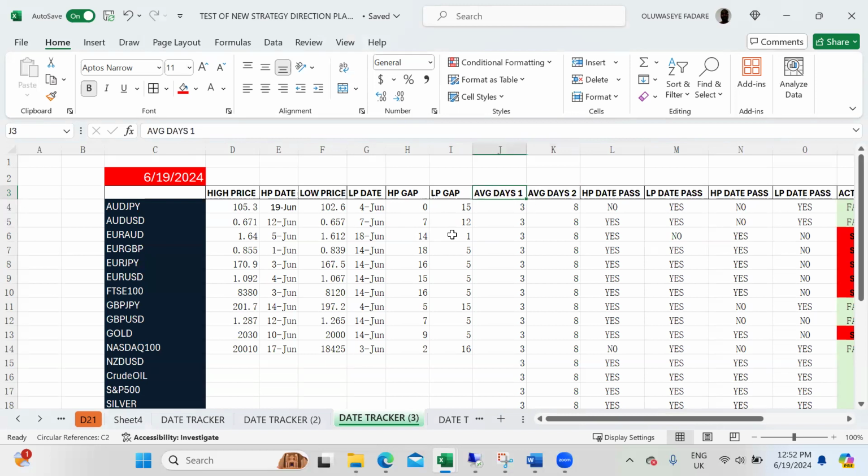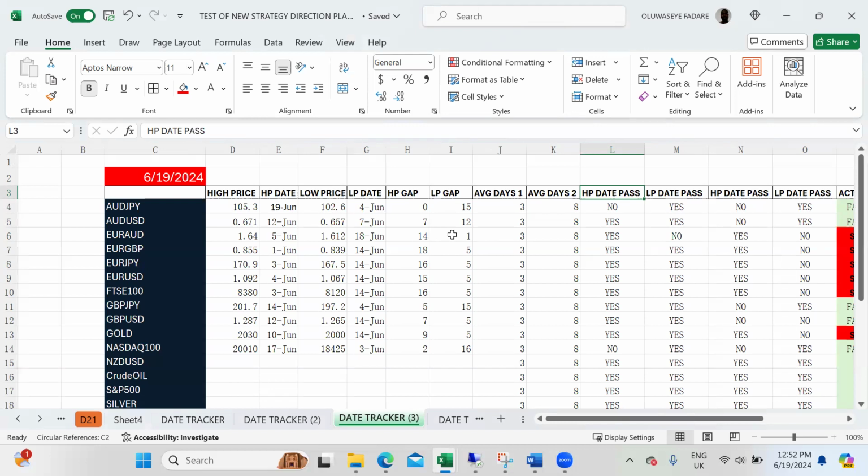So these are two conditions. The first condition is we want to identify when the market is within the first average day, and then another level of the second highest average day, which is usually higher than the first average day. Then we have the high price date pass.